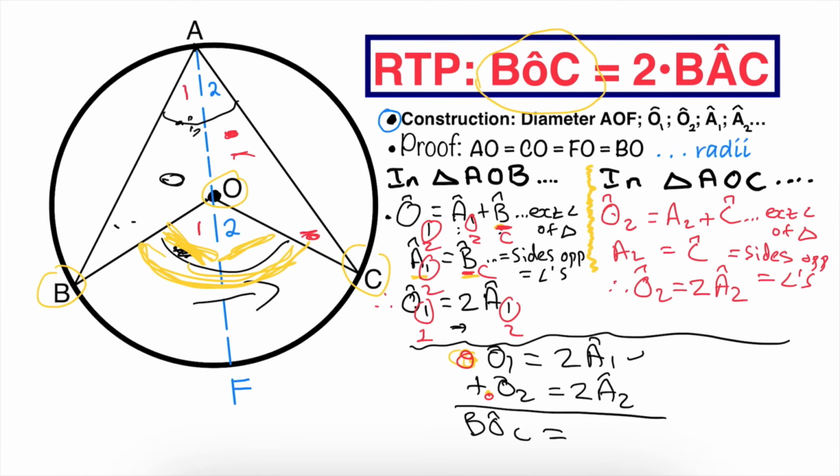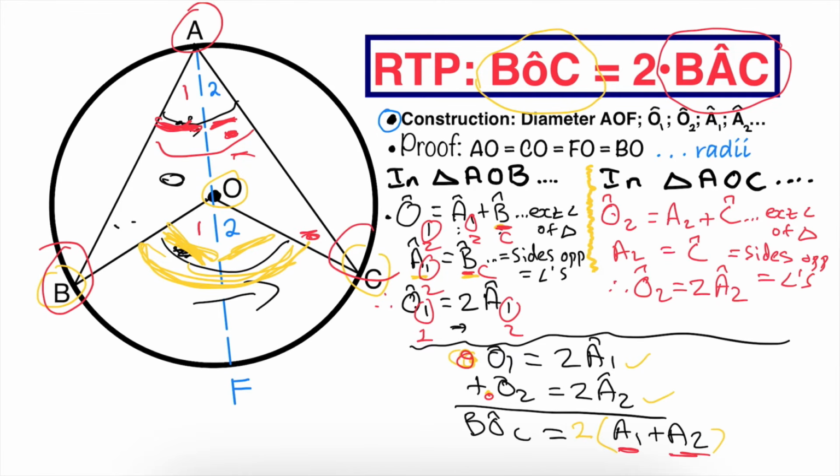Then I'm also going to add this and this. When I add them, if I take out the 2 as a common factor inside the brackets, I will have A1 plus A2. Makes sense, right? Then A1 and A2, look at the diagram, are the whole A, which is the one you have at the RTP at the top there, which is BAC. Do you see it?